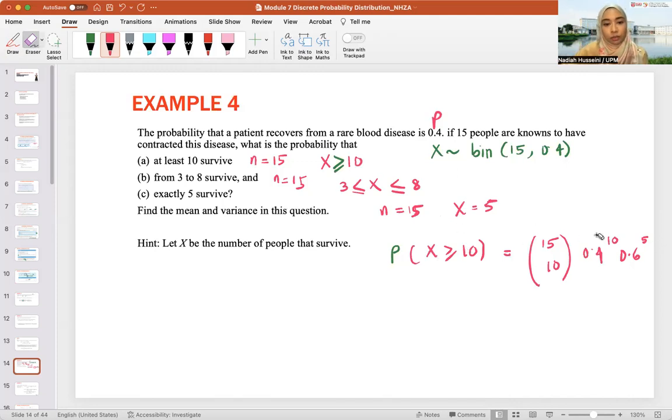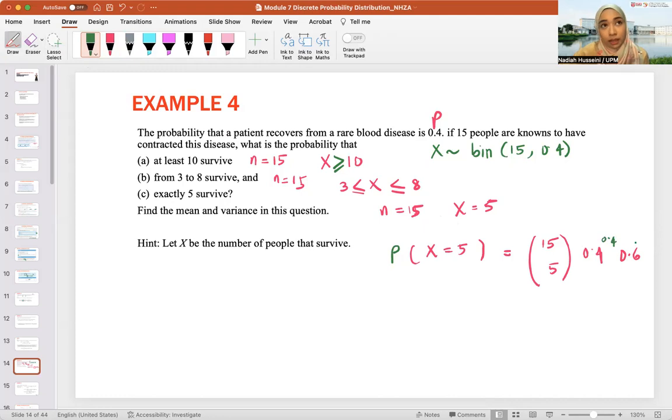So this equation would apply for C, exactly 5 survive. So let's change this. So x is equal to 5, and 15 choose 5, and 0.4. Oh, this is the same, sorry.